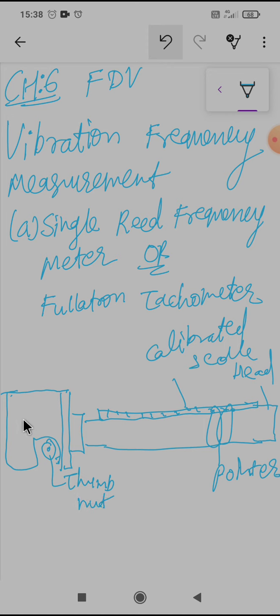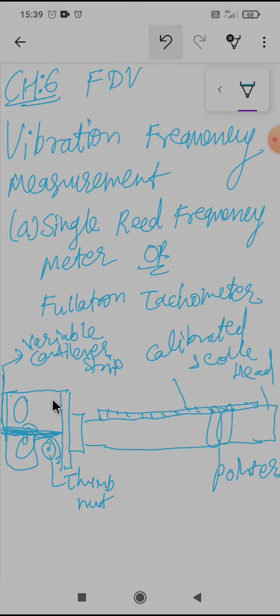This thumb nut, and here there is a variable cantilever strip. This is the variable cantilever strip, and here there are various nuts clamped. So this is basically the construction.